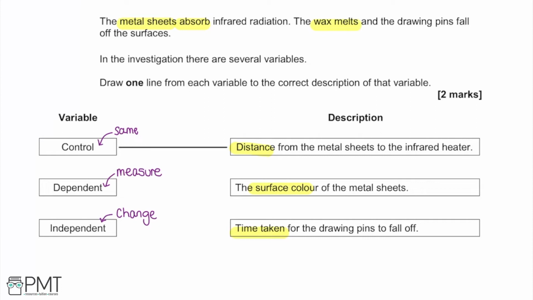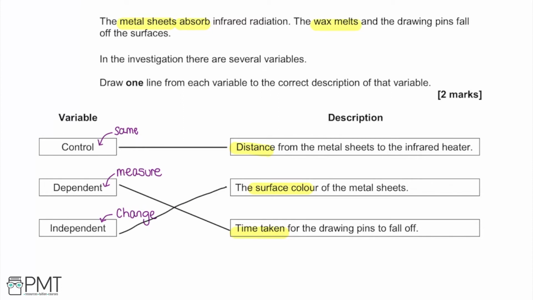Now moving on, we have the dependent variable, which, if it's what we're measuring in this case, it has to be the time taken for the drawing pin to fall off. So this is the variable that we're going to be measuring as we change the final variable that we have as the independent variable. So we're looking to change the surface colour of the metal sheets.